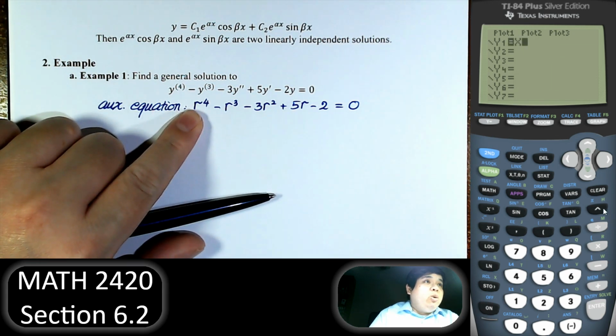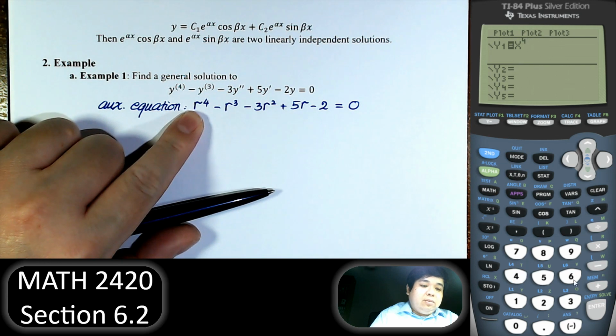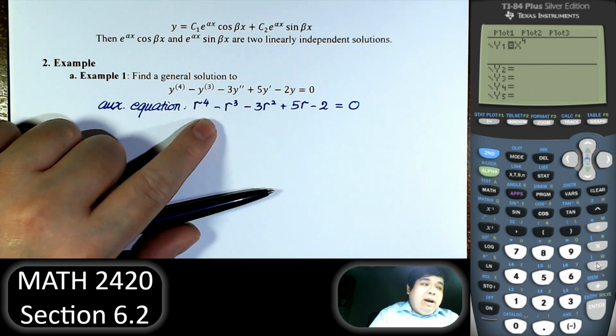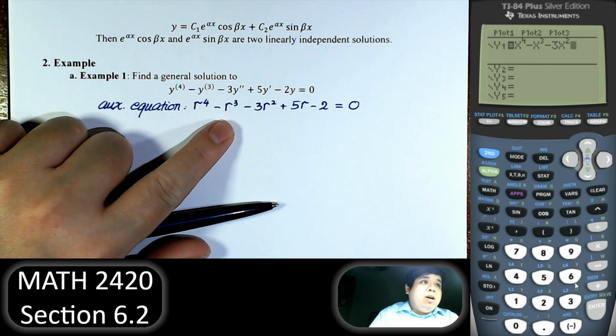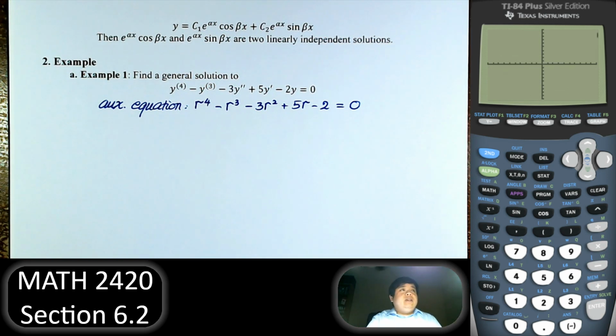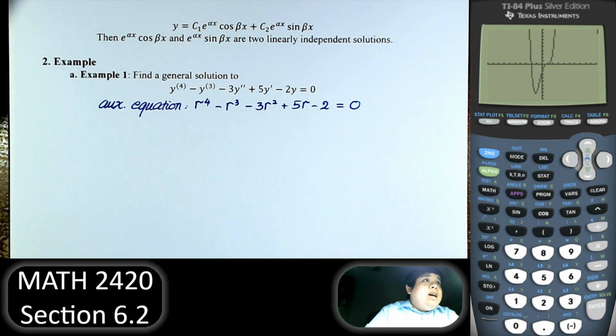So x to the fourth minus x cubed minus 3x squared plus 5x minus 2. We see the graph, and it looks like there are two solutions. One of them is clearly -2. The other one looks like it's 1.